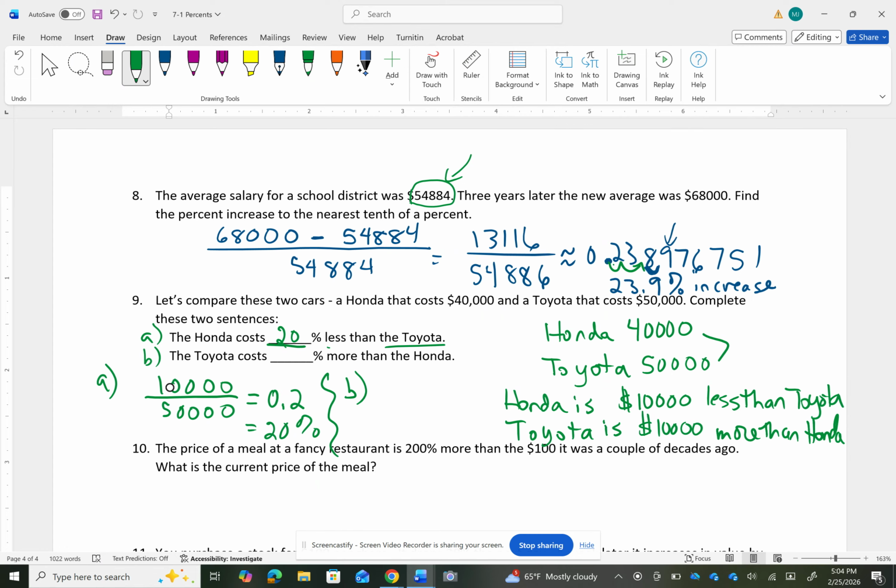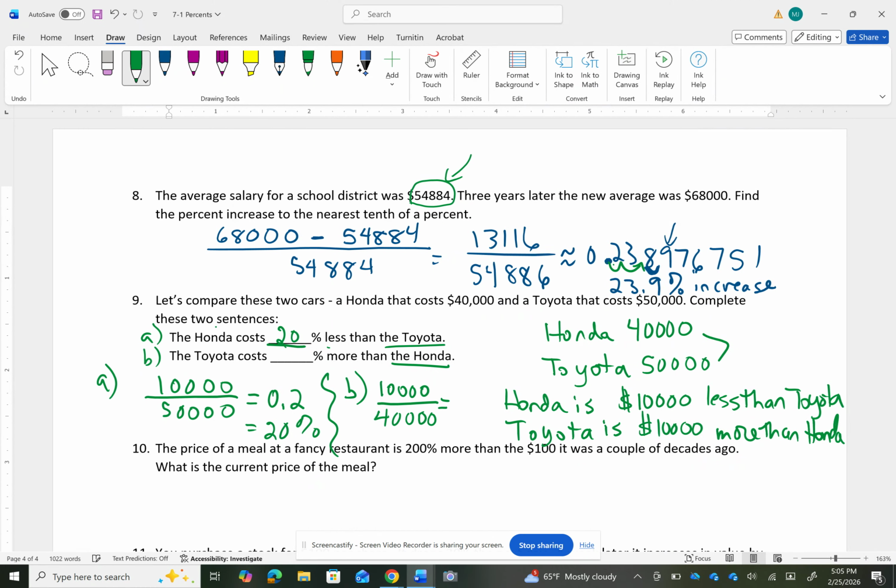I want to talk about the Toyota costing this percentage more than the Honda. So the Honda is my reference value. So that $10,000 more that the Toyota cost, I want to compare that back to the cost of the Honda.